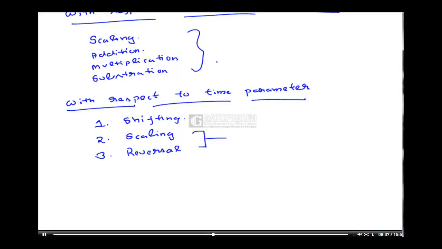Time reversal and scaling, they both have one type of operation which we are doing. See, reversal means multiplying by minus 1.